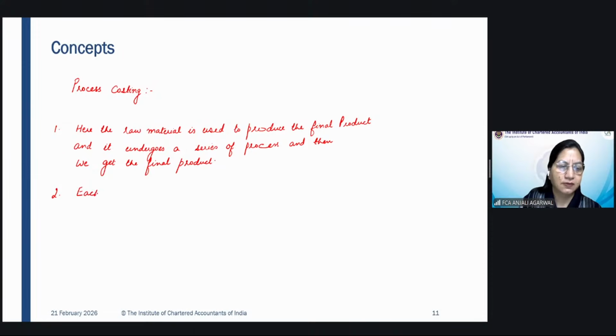Each process or stage gives an output which is used as input for the subsequent process.